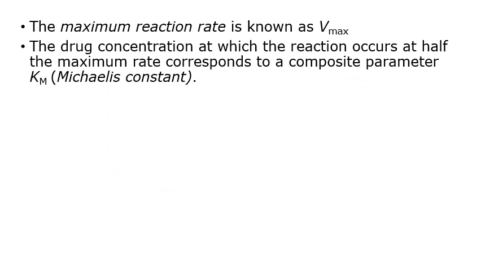As we said before, Vmax represents the maximum reaction rate, and the Michaelis-Menten constant, or we call it a composite parameter, can be defined as the drug concentration at which the reaction occurs at half the maximum rate.